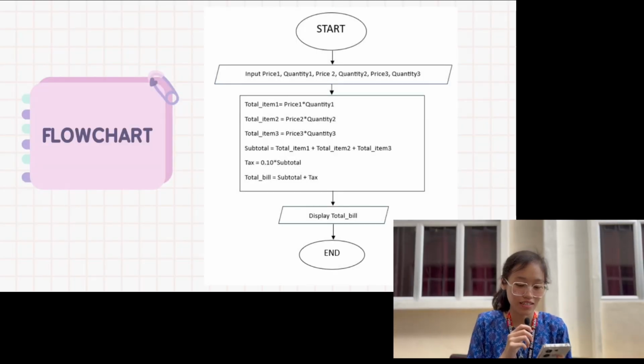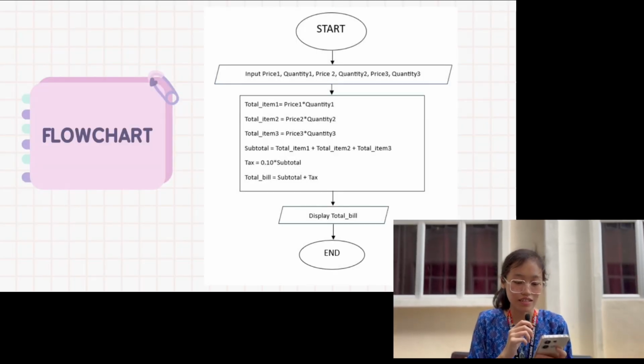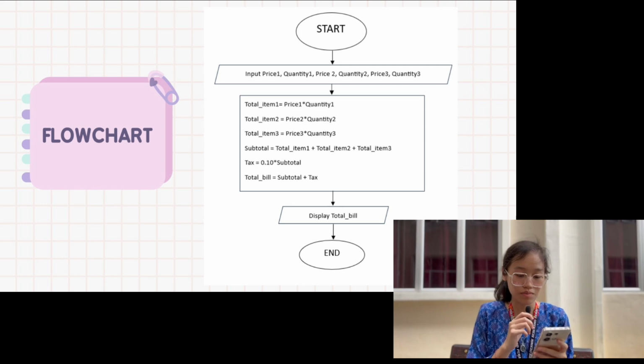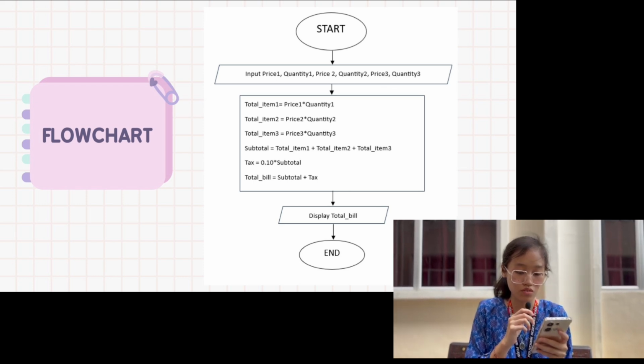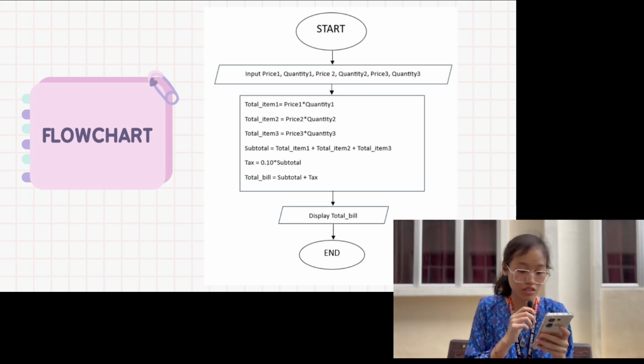And for the flowchart, oval is for start and end, parallelogram is for input and output, and rectangle is for process. We will start with start, then input price 1, quantity 1, price 2, quantity 2, price 3, quantity 3.